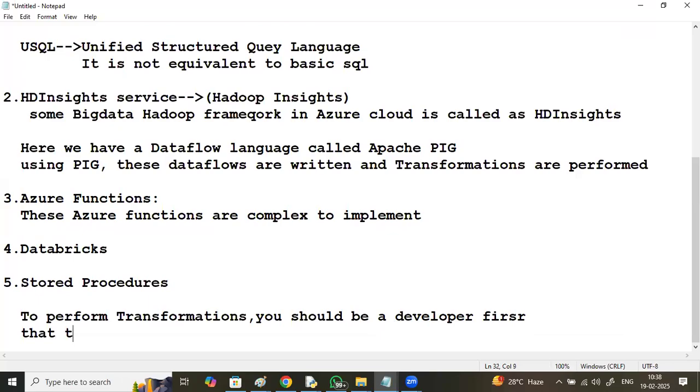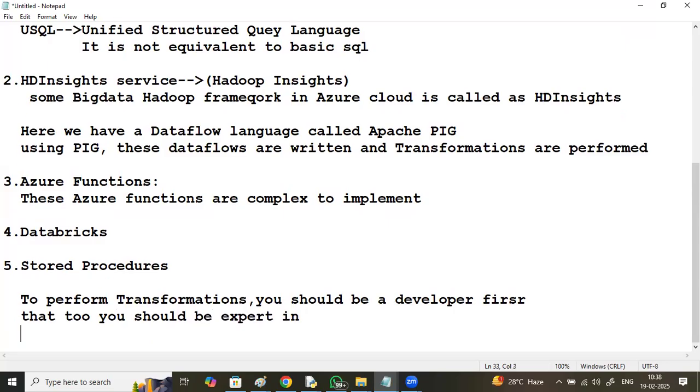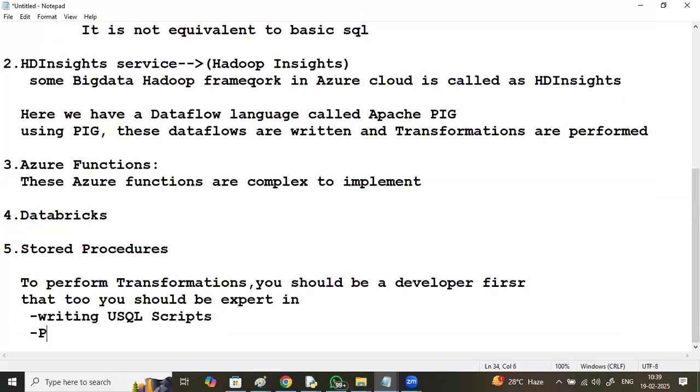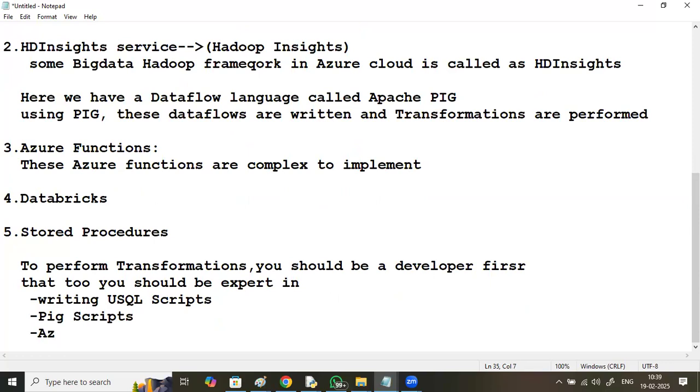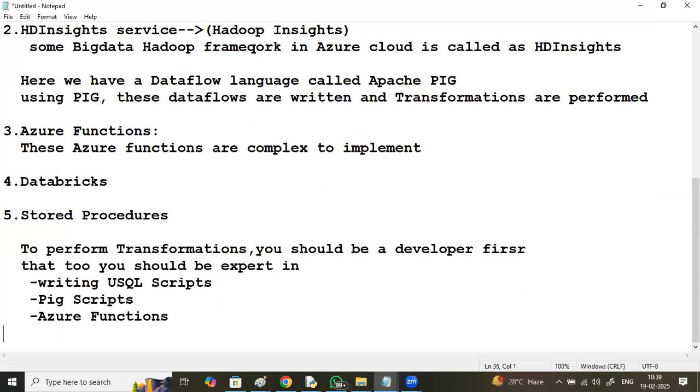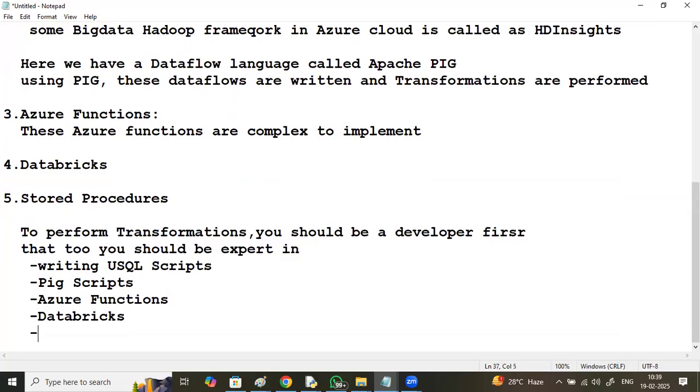That too, you should be an expert in writing USQL scripts. Secondly, Pig scripts, Azure Functions, Databricks, stored procedures.